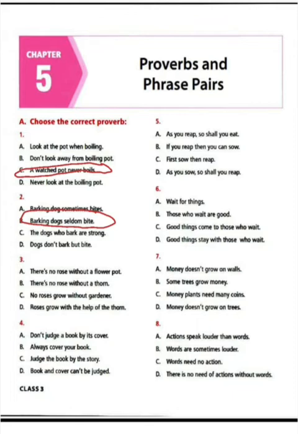Then number 3, there is no rose without a flower pot. There is no rose without a thorn. No roses grow without gardener. Roses grow with the help of the thorn. So here we'll again come to option B. There is no rose without a thorn. What is the meaning?